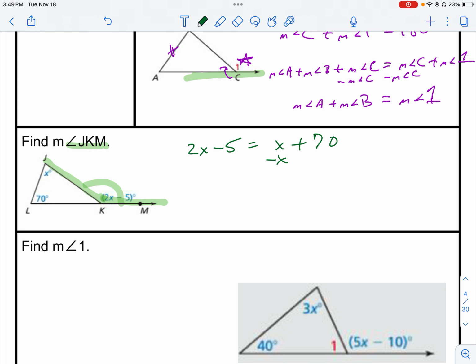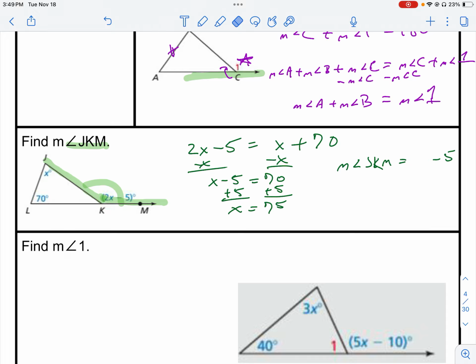And then we just got to find x. So x equals 75, but we got to find the measure of JKM, so we got to plug it in. JKM is 2x minus 5.